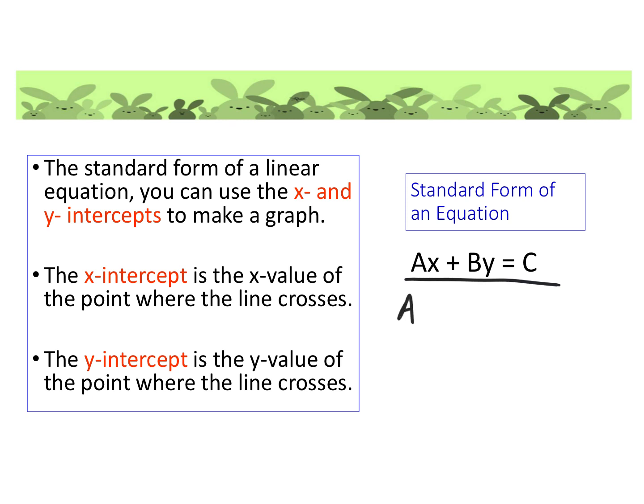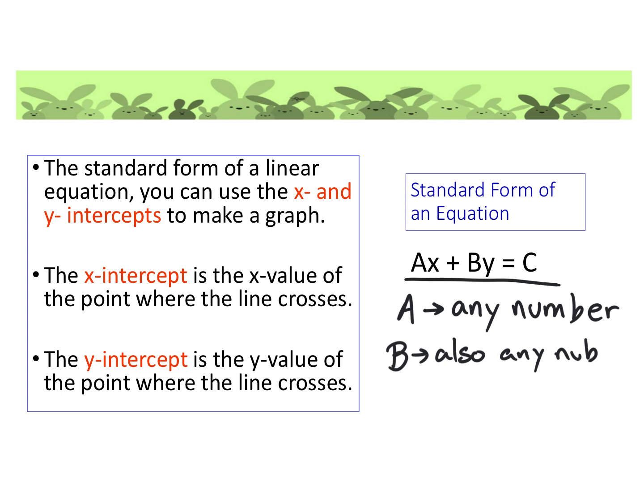Now, the a can be any number, anywhere from negative infinity to 0 to 1 to negative 1. It could be whatever. B can also be any number. And same for C.